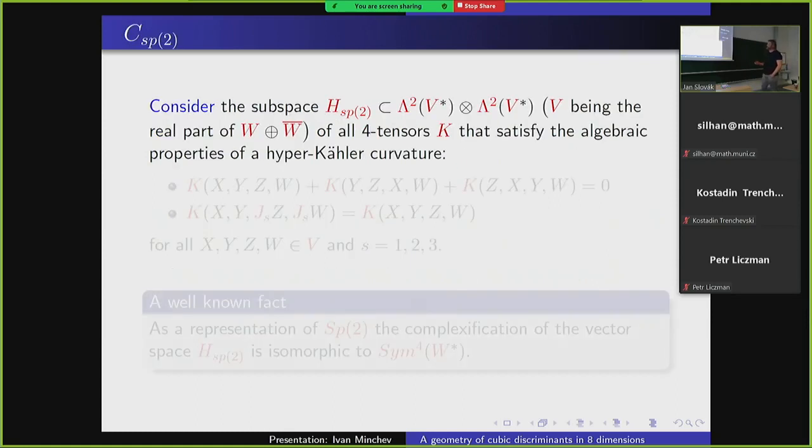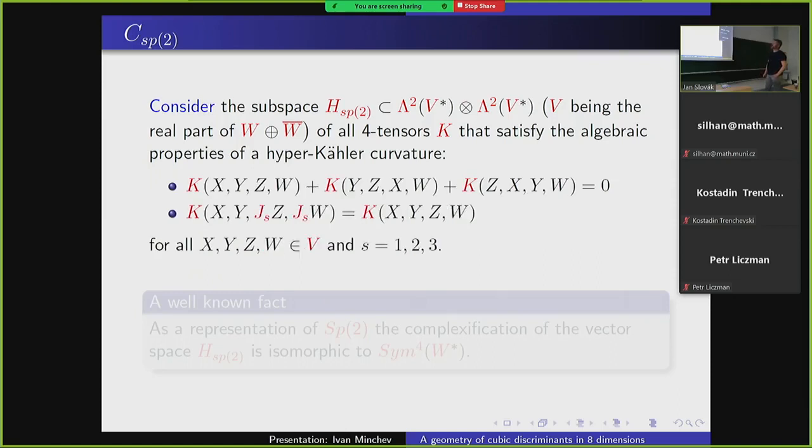So, and now we are interested in another representation of Sp2, namely the space of all hyperkähler curvature type tensors on the vector space V. So here we mean, in a purely algebraic way, the hyperkähler curvature type tensors.